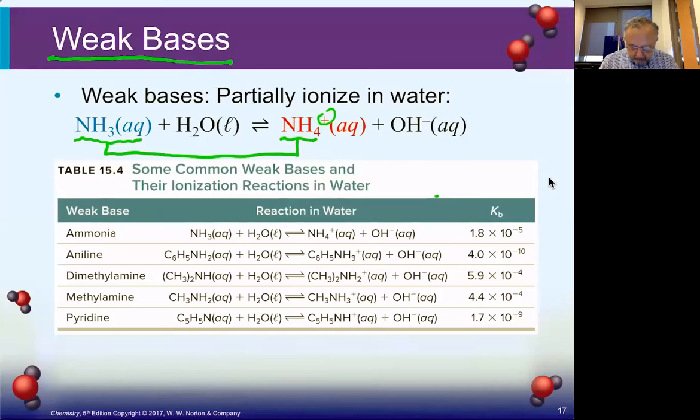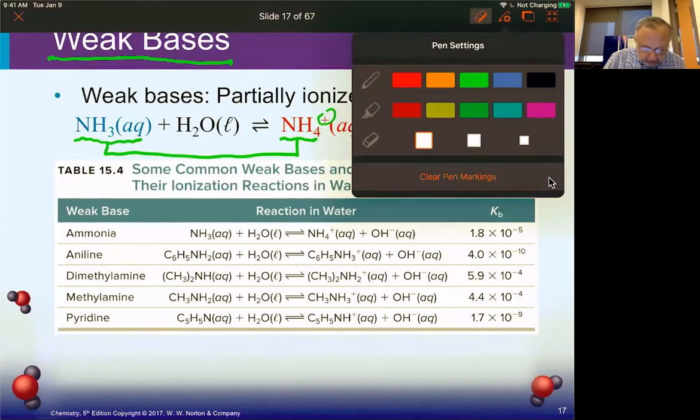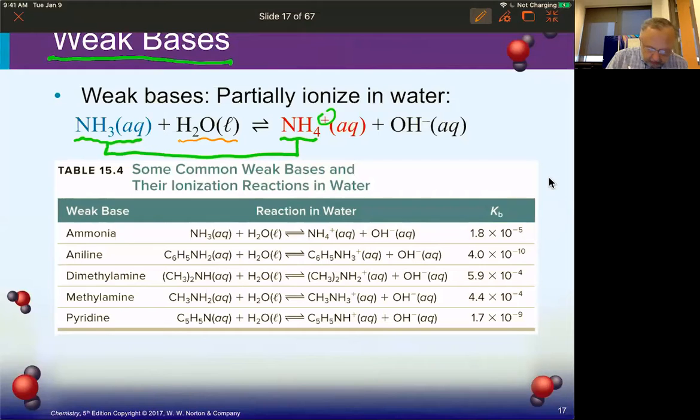Okay, great. And the other conjugate acid and base pair is going to be, let me change colors, H2O and OH minus. Again, they differ by one hydrogen plus. So if I go this way and add a hydrogen plus to the OH minus, I will form H2O.